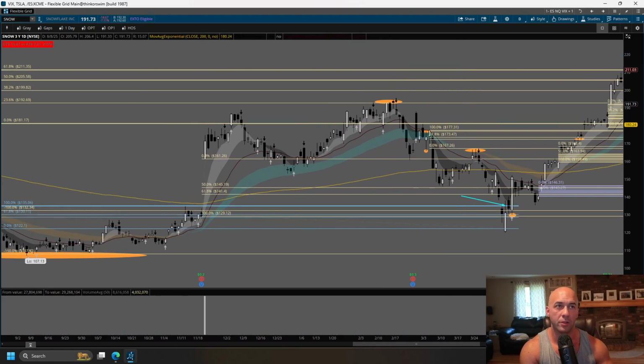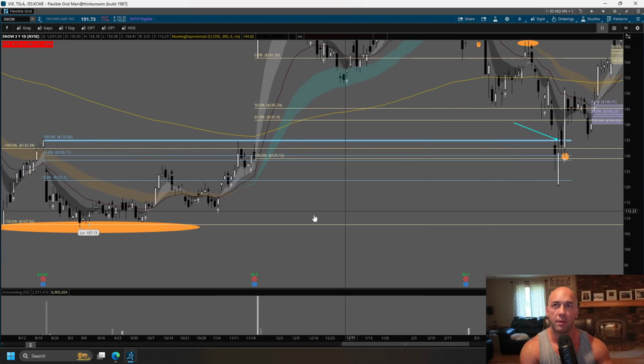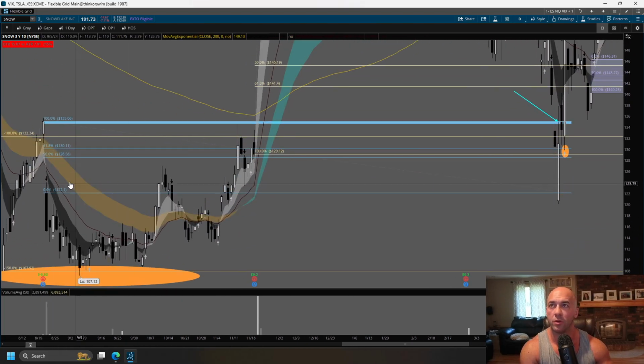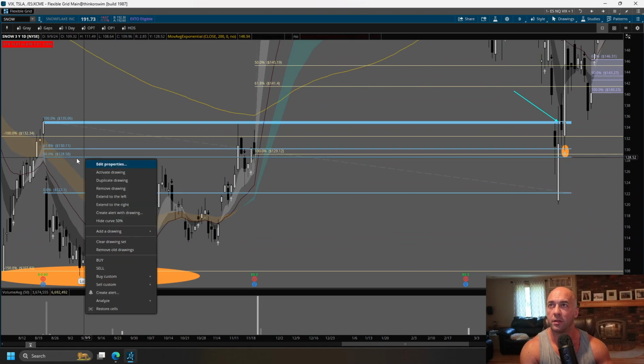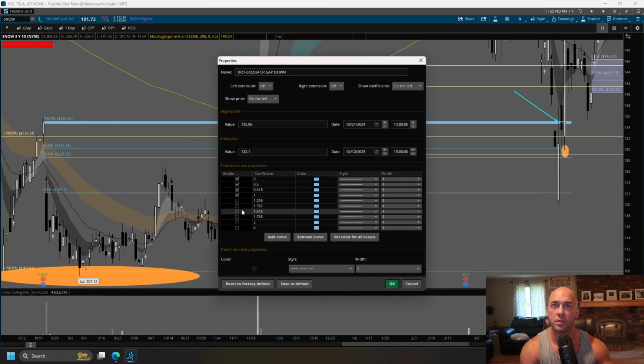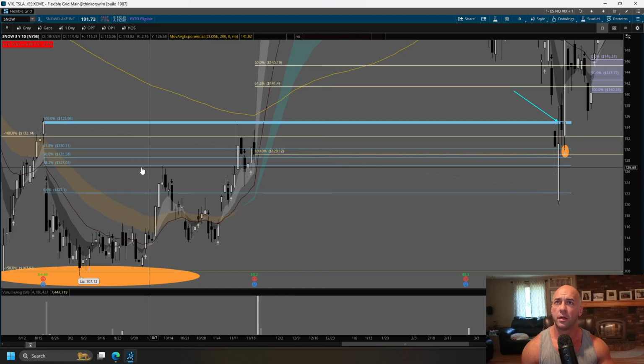Again, going back to older gaps here as well, when we had this earnings gap down, it was important to note how this one behaved. Again, you probably would see this is pretty close to that 0.382, not 1.382, 0.382. Wow, right on it. Kisses right off of it, comes back down.